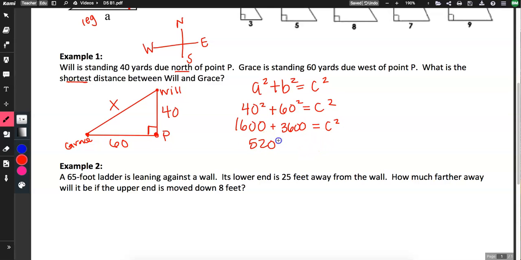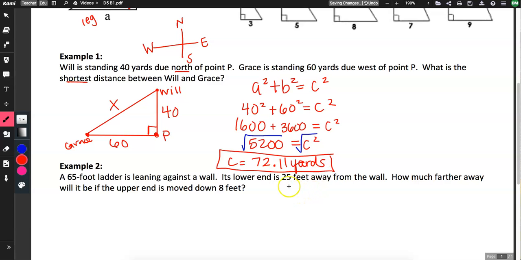Add them. Okay, so last step here, we have to get rid of this square. To undo a square, we can take the square root on both sides. And we're fine just estimating for these problems. So in the calculator, you can type square root of 5200, and that gives us about 72.11 yards. Yep. So always make sure you have a unit if you were given units to start with.